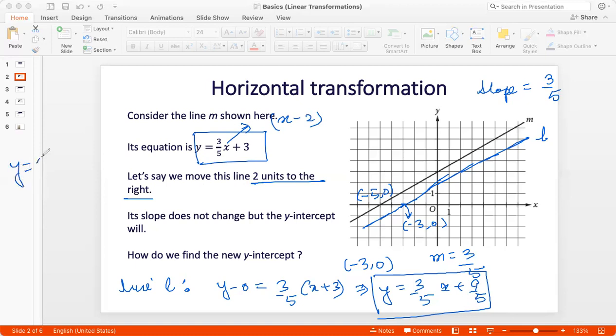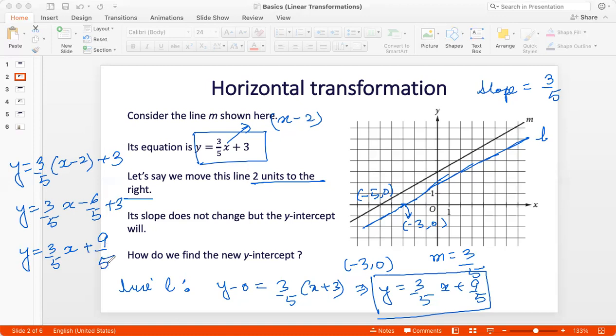So y is 3 by 5, I'm replacing x with x minus 2. So y is 3 by 5x minus 6 by 5 plus 3. And if you solve this, minus 6 by 5 plus 3, you will get plus 9 by 5, which is the same equation that we got here.